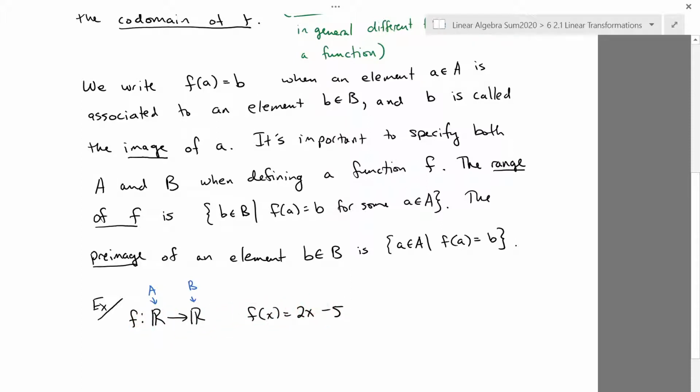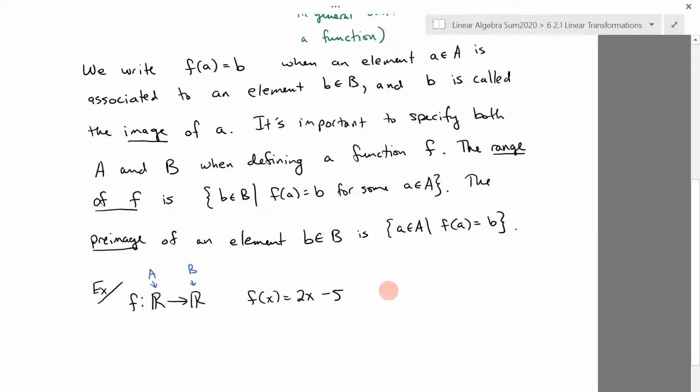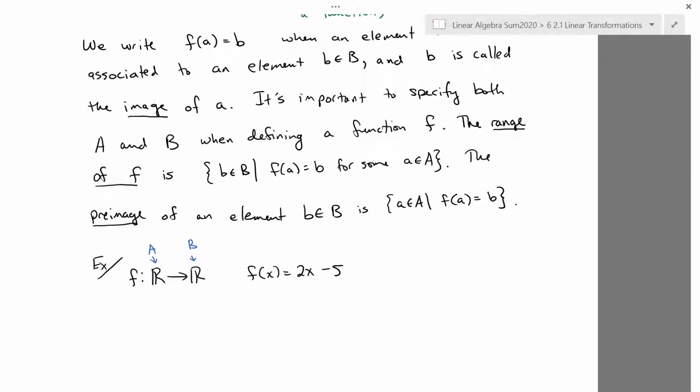So that's how we calculate the function. So for example, say I want to calculate the image of the number -1. Here -1 is taken to be in the domain.